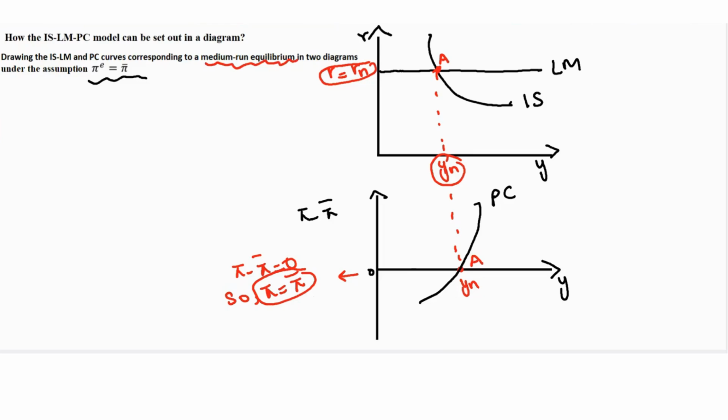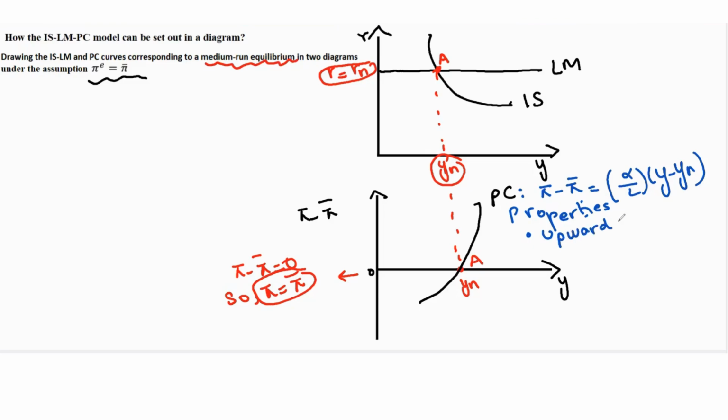Before we end this, let's look at some properties of the Phillips curve. The equation of the Phillips curve is pi minus pi bar equals alpha over L times Y minus Yn. We have already looked at some properties of this, but just to reinforce them: it's upward sloping because we have Y on the x-axis, not u.